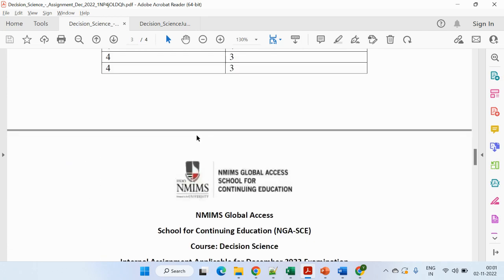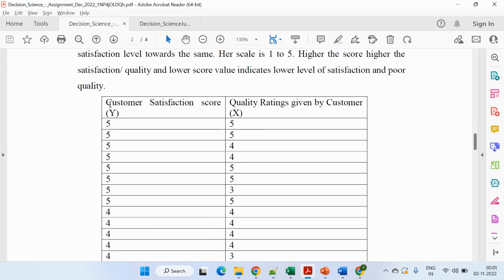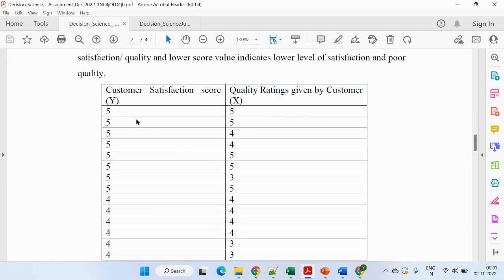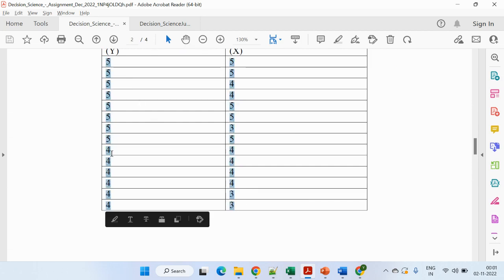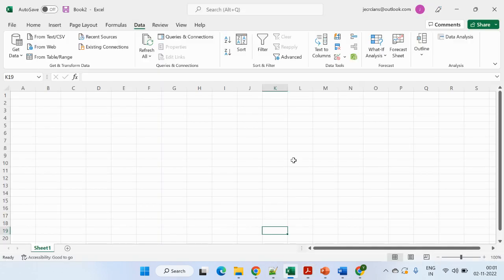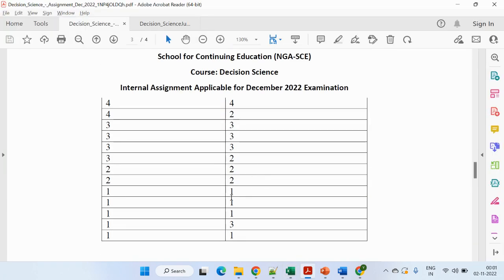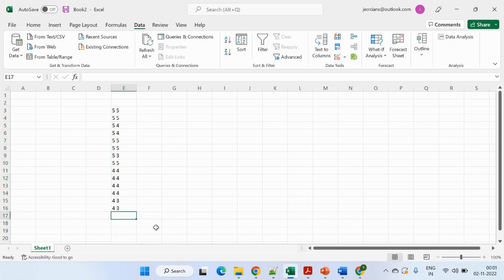If you think that manually typing and pasting is difficult, what I normally prefer, I just simply copied all the stuff and put it into Excel.